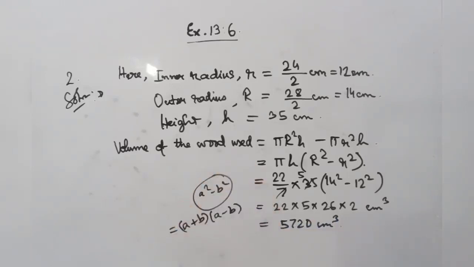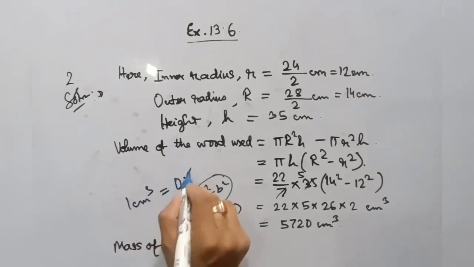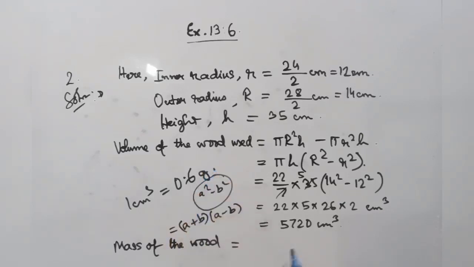Now for the mass of the wood, in the question it is mentioned that 1 centimeter cube of wood weighs 0.6 gram. So total mass of the wood will be 5720 multiplied by the 0.6 gram.